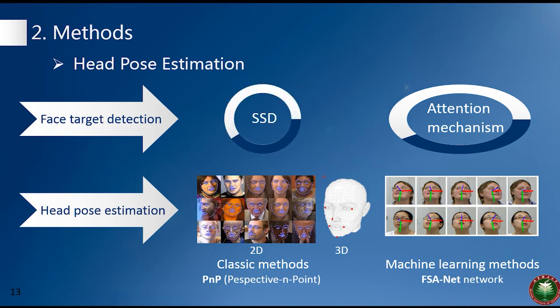Finally, the PNP algorithm uses the 2D and 3D transformation to get the head pose.